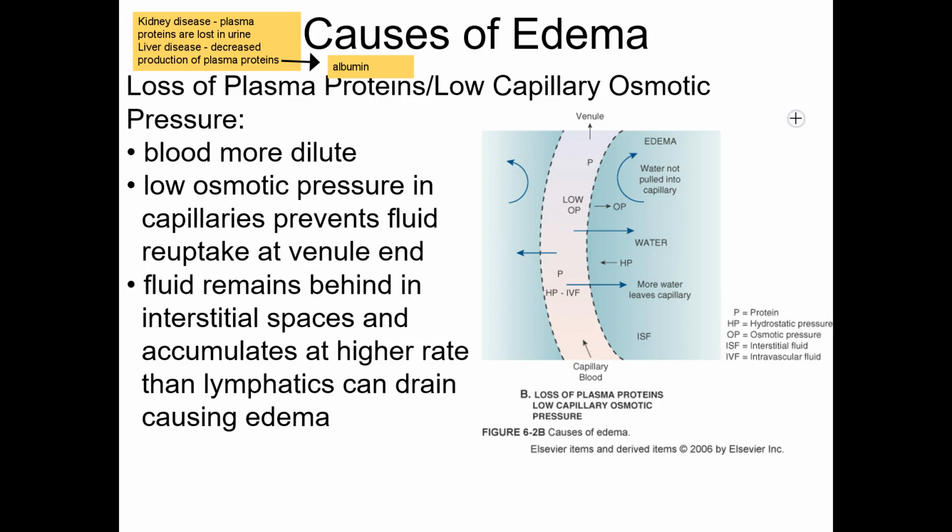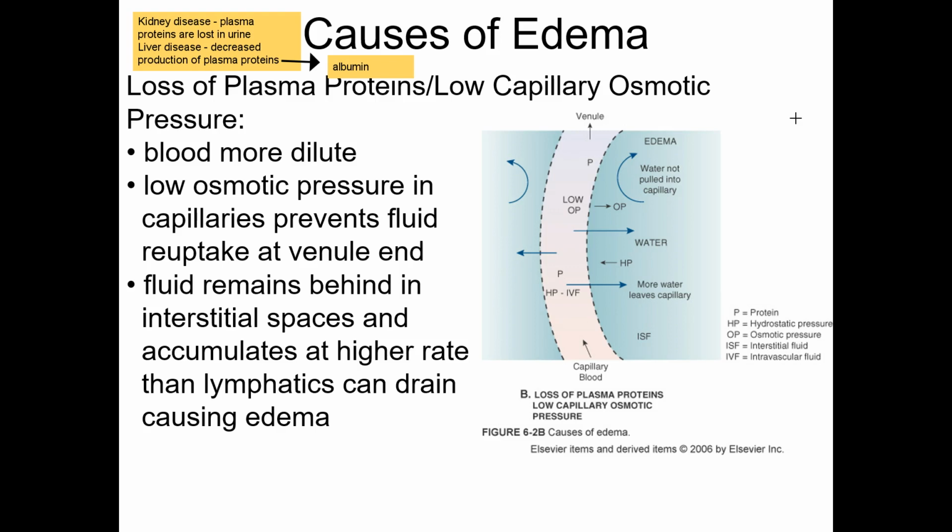And the job of albumin is, there's many functions to albumin in the body. It can be used for lipid transport and all sorts of things, but it also is important for maintaining fluid balance. So these guys are present in the bloodstream to keep it from becoming dilute, because when blood is dilute, you can't put fluid back into it through osmosis. And so as a result, fluid stays behind in the tissues.